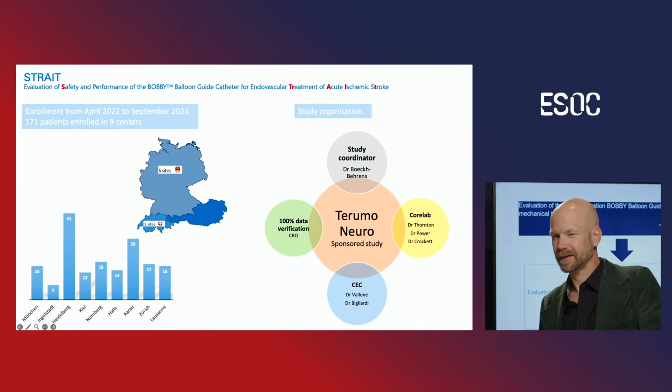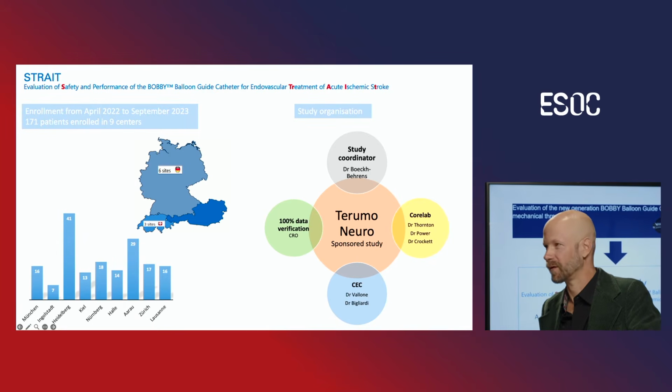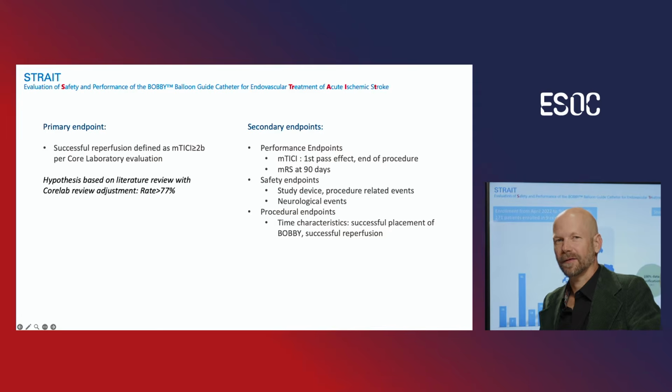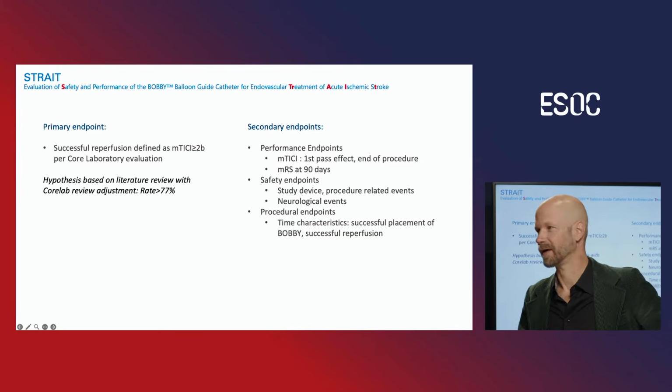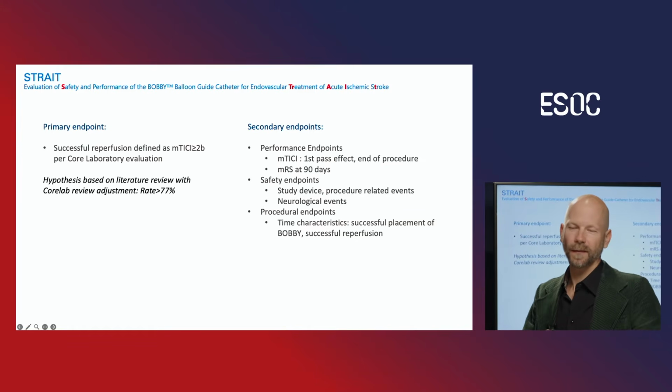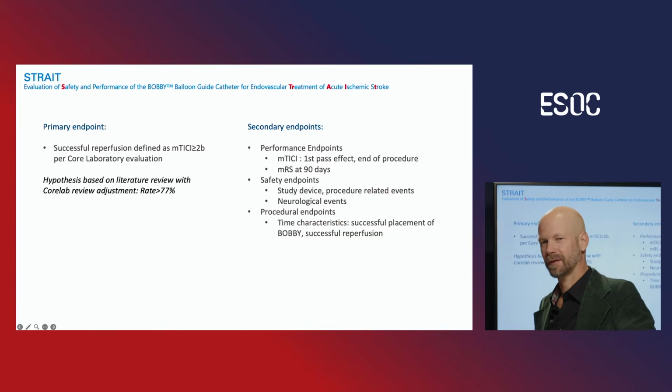It was a multi-center trial in several centers in Germany and Switzerland, and we enrolled about 170 patients. The primary endpoint was a technical one, the successful reperfusion, but we had a very close look at a lot of secondary endpoints, looking at the performance characteristics, but also safety, of course, and procedural and outcome data.